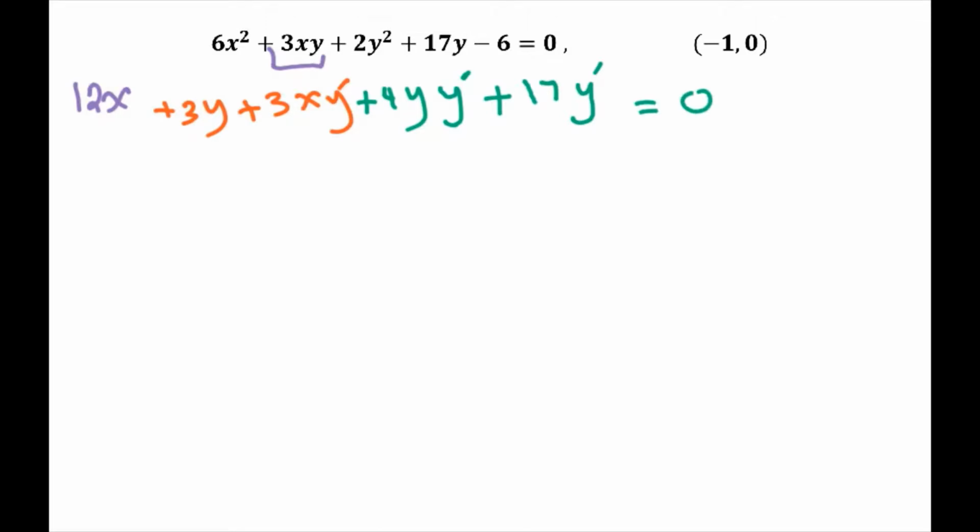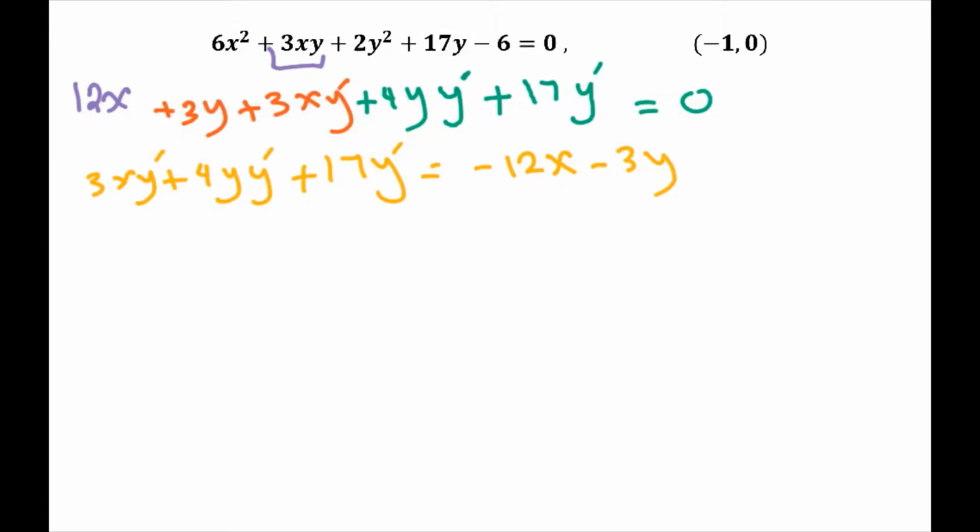Now we need to solve for y prime. So I'm going to take these, keep them on this side, and move the rest to the other side. So 3x y prime plus 4y y prime plus 17y prime equal -12x minus 3y.